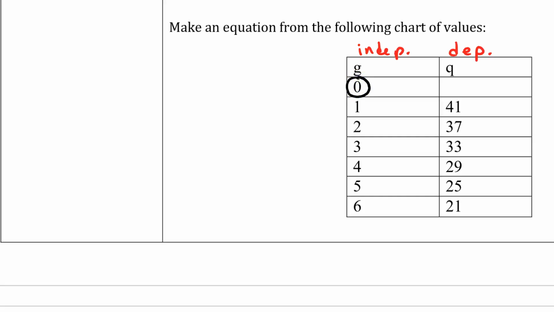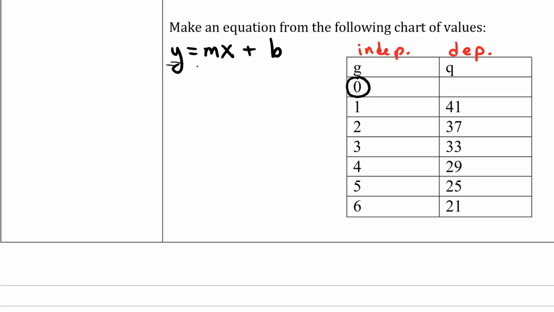It's kind of strange, but it really helps us figure out what the constant is going to be in our equation. Oftentimes we're going to have the form y equals mx plus b, where m is some number and b is some constant.